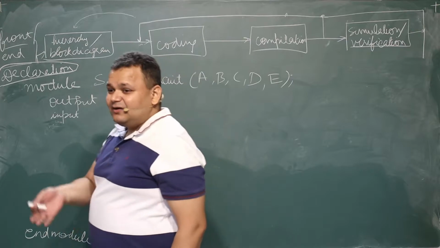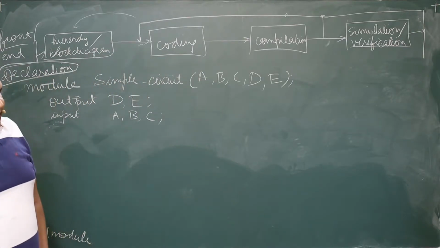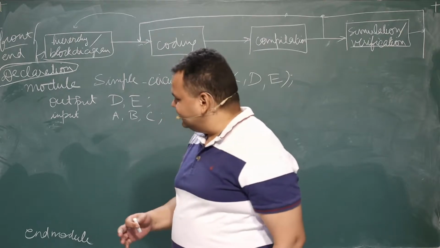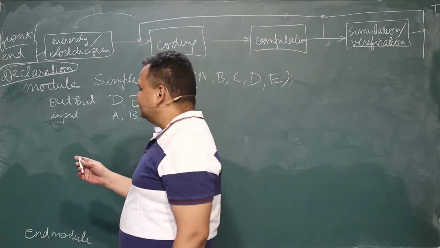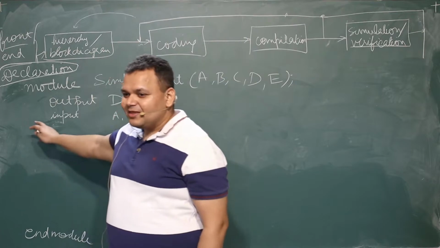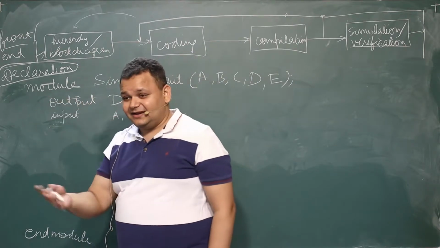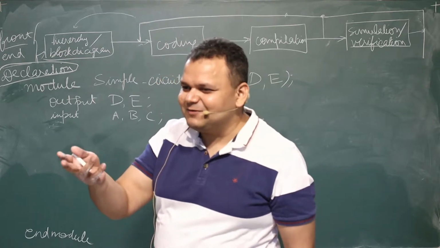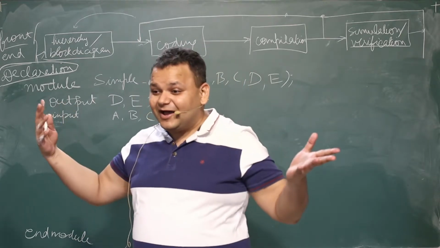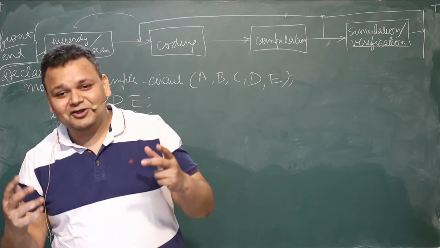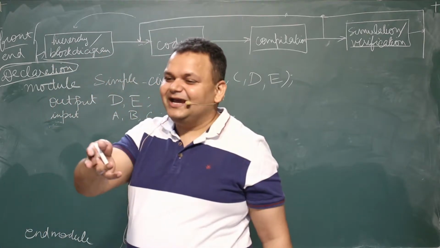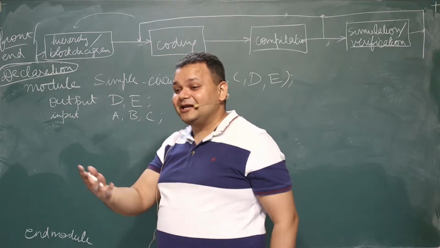Like you have keywords in other languages also, for example in Java, class might be a keyword. You cannot define anything else as a class, and you cannot name a variable class, or perhaps integer.